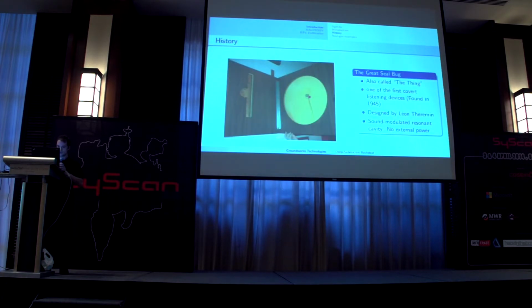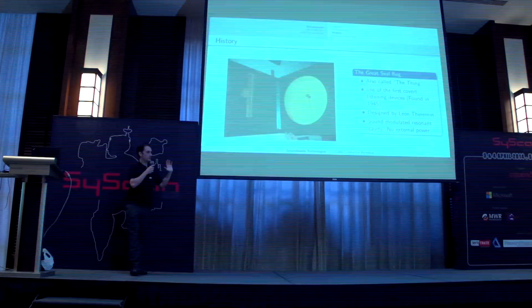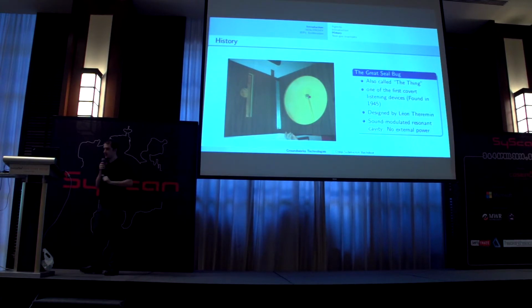Well, let's first talk about the oldest one, or the oldest one that I could find. This is a very good backdoor. It was placed in the Great Seal. It was a wooden carving of the U.S. eagle that was in the Moscow embassy. It actually was a microphone that didn't have any power. It got activated by external radio frequencies.